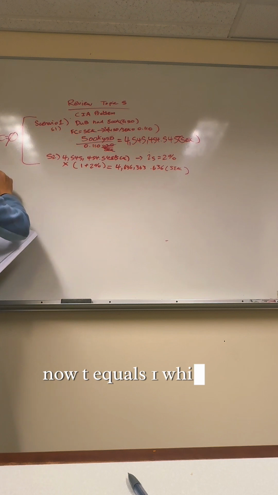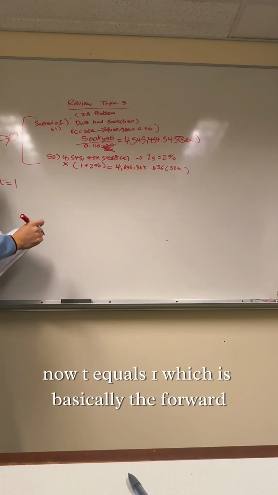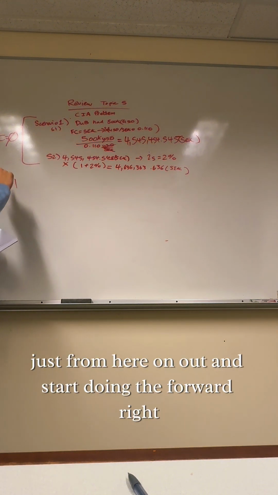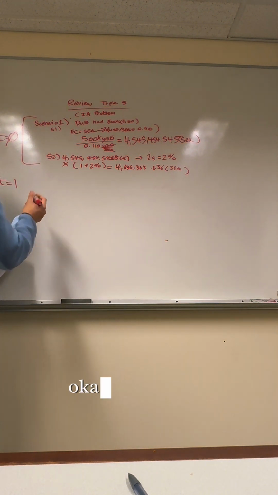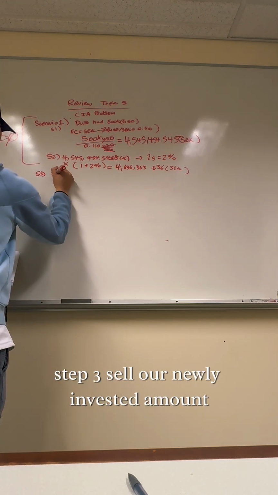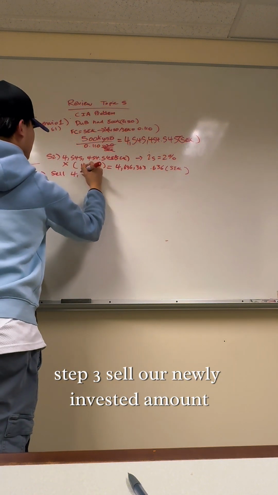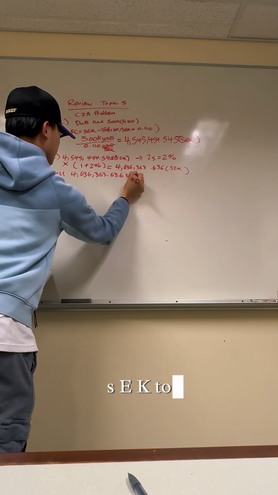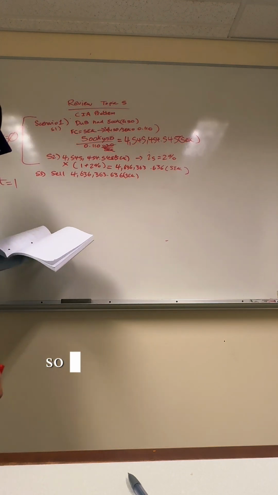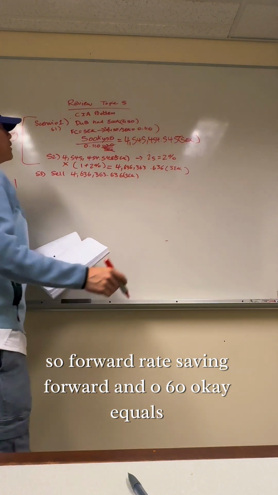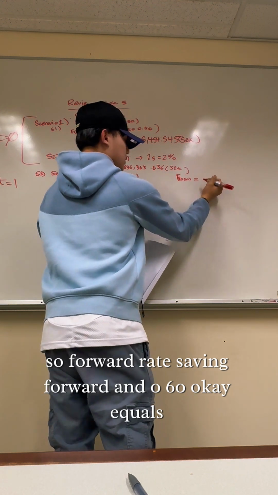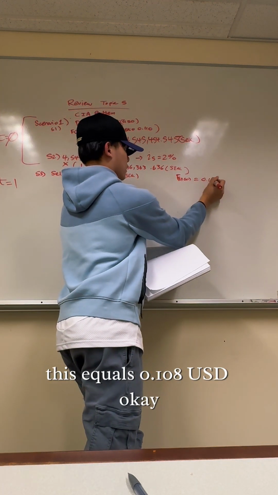Okay, so let's say this all was in the spot timeline. Now T equals 1, which is basically the forward. From here on out, we start doing the forward. Step 3, we sell our newly invested amount of SEK to buy back the USD at the forward rate. The forward rate equals 0.108 USD.